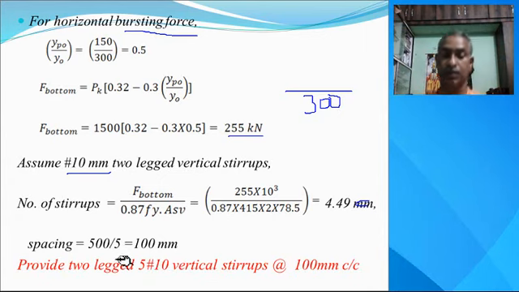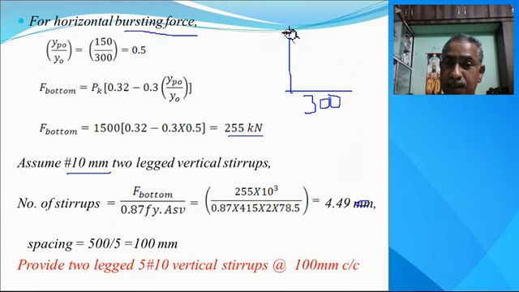So we provide 5 stirrups. As this is the horizontal force, it is provided in the vertical direction, and this vertical distance is 500. These 5 stirrups are provided in the 500 mm distance, so 500 divided by 5 is 100 mm. So provide 2-leg vertical stirrups, 5 numbers, 10 mm diameter at 100 mm center to center.